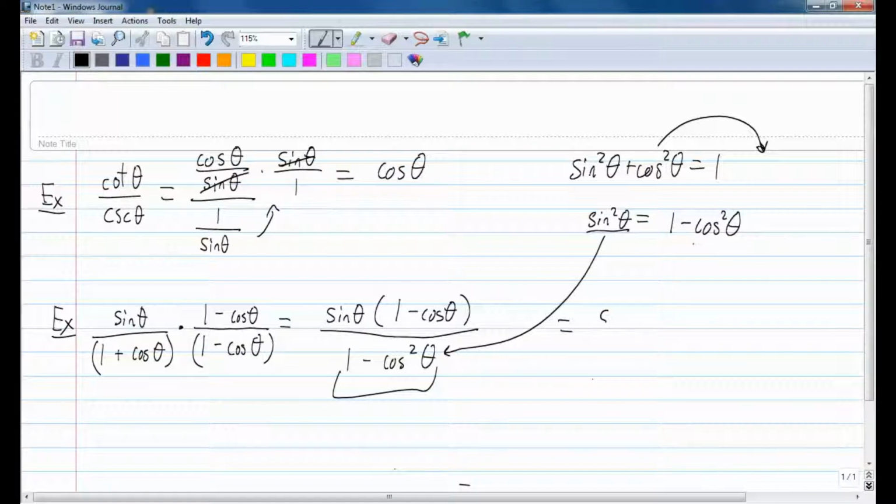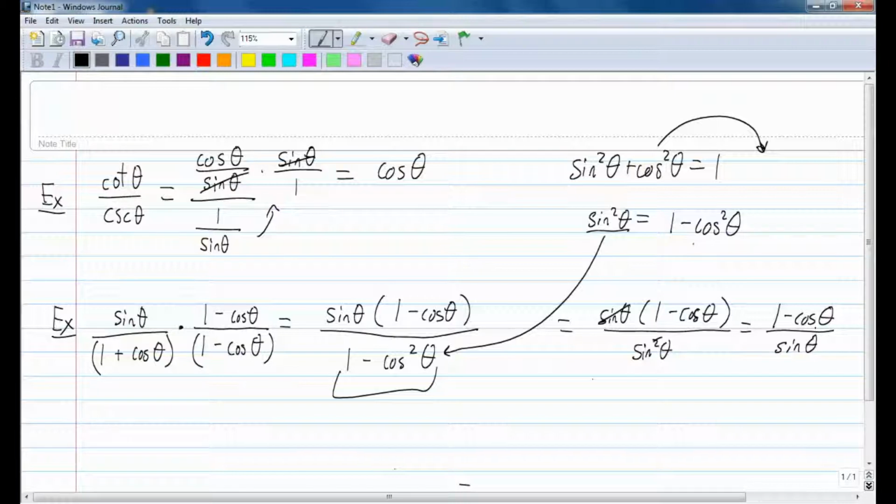If you do that, then I'll have sine of theta times 1 minus cosine of theta over sine squared theta, and then one of my sines would cancel out and leave me with 1 minus cosine theta over sine theta.